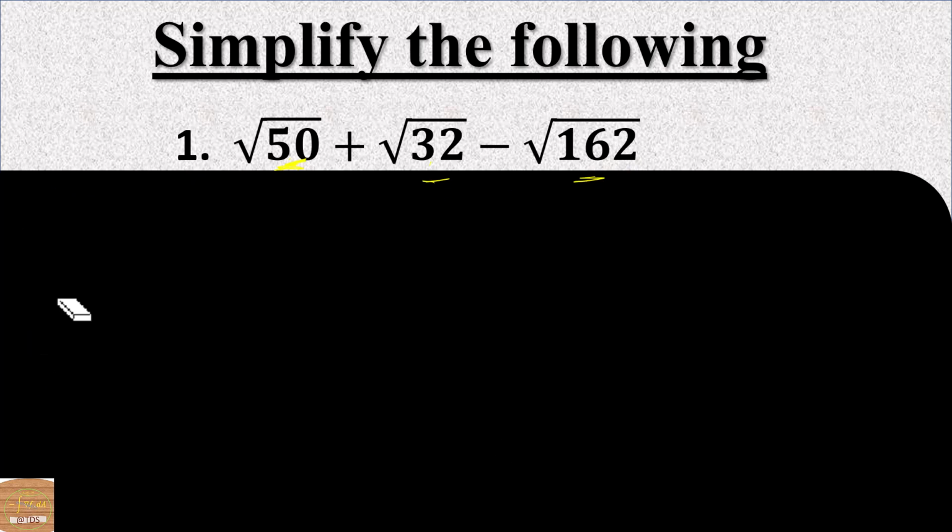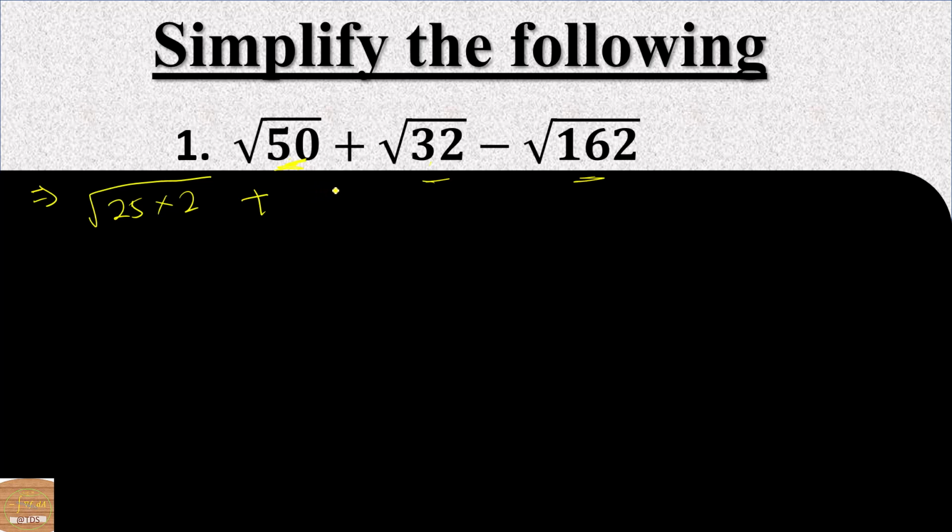So let's start. This one will give us 25 times 2. Okay, so we are done with the 50, plus 32. Let's divide 32 by 2, and we are getting 16.